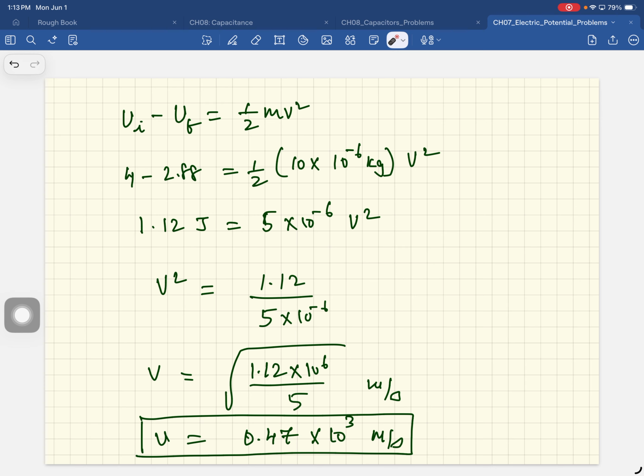And S hat dot S hat is what? i dot i is 1. j dot j is 1. k dot k is 1.